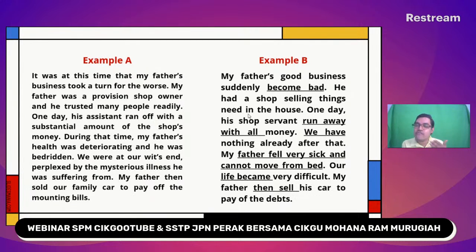Now if you are going to read sample essays for your SPM, take note of all these little things. Provision shop: if you do not know what a provision shop is, instead of writing shop selling things, you can say a provision shop. Substantial amount of money. Instead of health was getting bad, you can say health was deteriorating. These are the things that you can learn when you read sample essays.